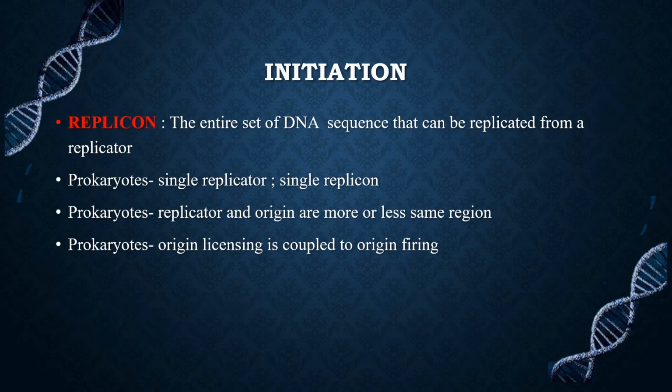The entire set of DNA sequence that can be replicated from a replicator is called a replicon. Prokaryotes contain a single replicator and thus they have a single replicon. Also, replicator and origin are more or less the same region in prokaryotes, and origin licensing is coupled to origin firing in prokaryotes.